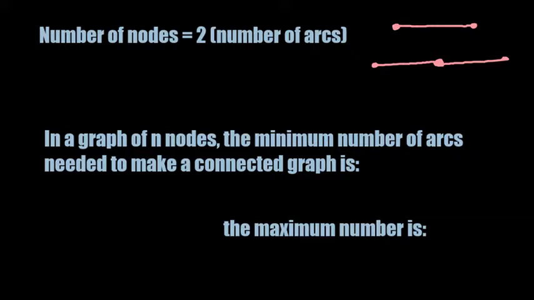So in this top graph that I've got here, we have one node of node order 1 and another node of node order 1. So my total node order is 2 and I have 1 arc. Here I've got one node of 1, a node of 2 and another node of 1. I've got a total node order of 4 and 2 arcs.